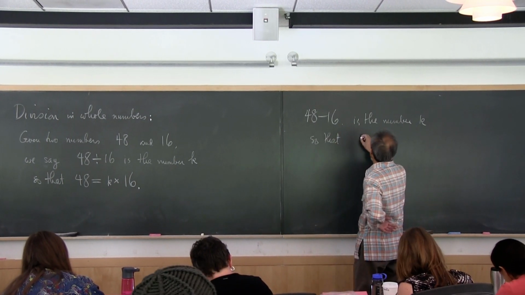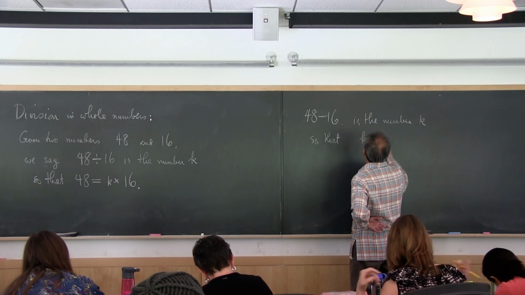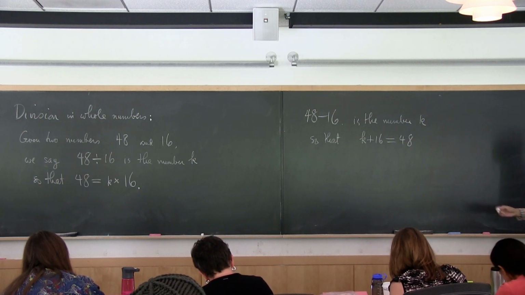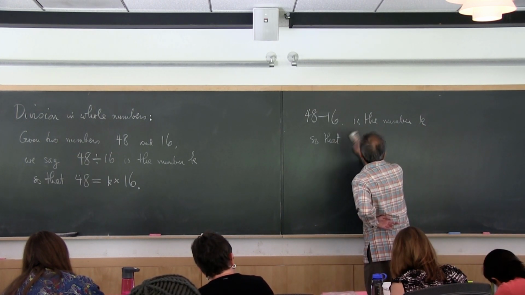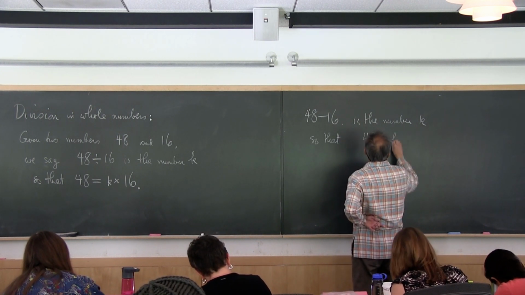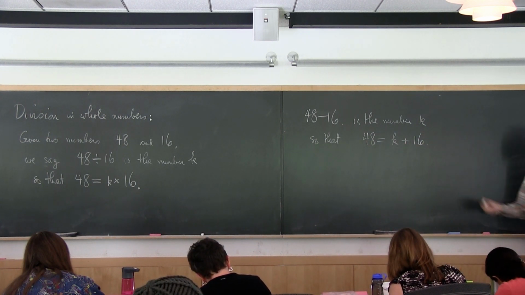Let's get it. k plus 16 is equal to 48. I want to emphasize 48. Sorry, I hope that was the way I wrote it.